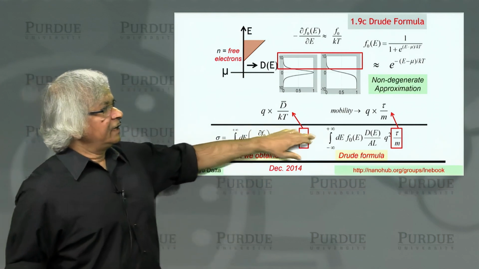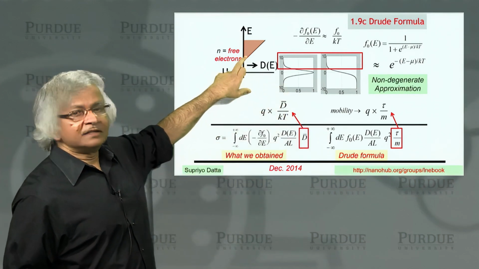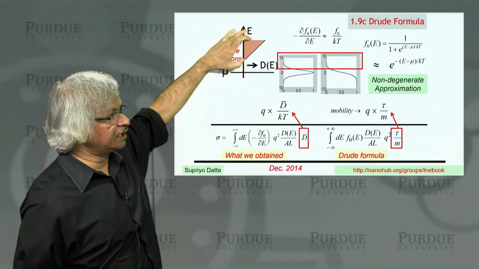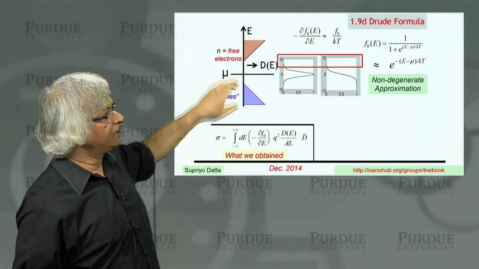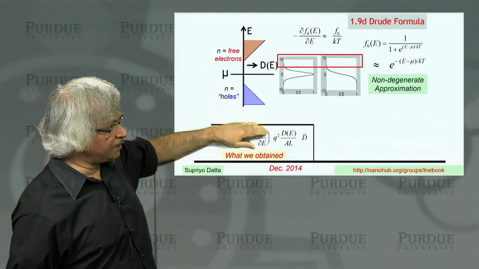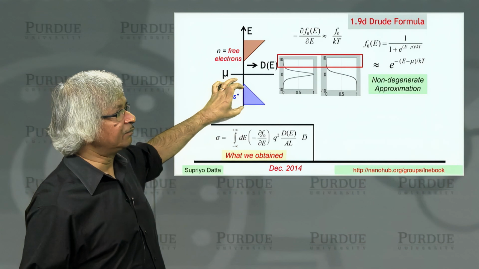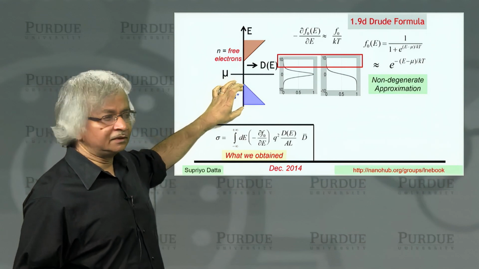So here we talked about this conduction through the electrons in the conduction band. Now what if you had electrons in the valence band down here? Then as we just discussed, you actually need the number of holes. Now why is that?